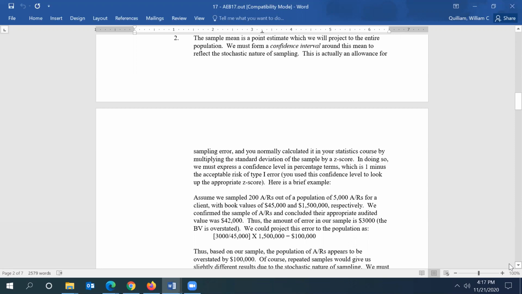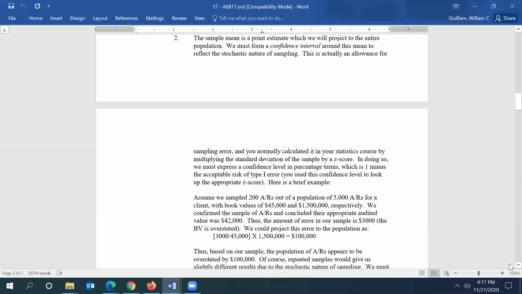So we can project this error to the population as follows. In our sample, we found a misstatement of $3,000. That was out of a total book value of the sample of $45,000. So on average, we think the accounts receivable have been overstated by 1/15.